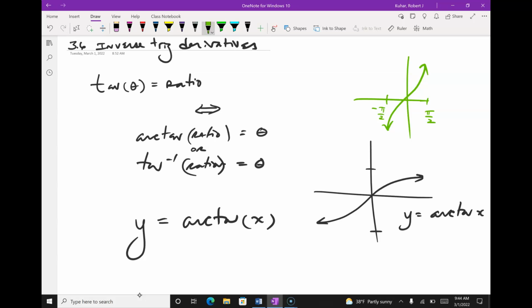It doesn't exist, the slope is infinite. So that means for inverse functions, the inputs and outputs switch, right? So this is a height of pi over 2 and a depth of minus pi over 2. So as x goes to infinity, arctan goes to pi over 2.